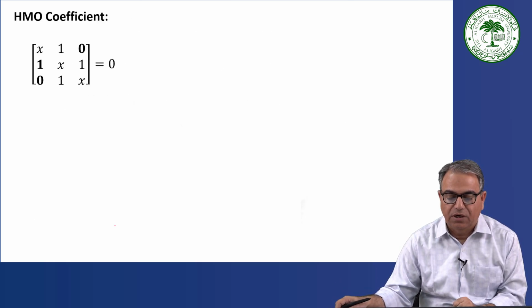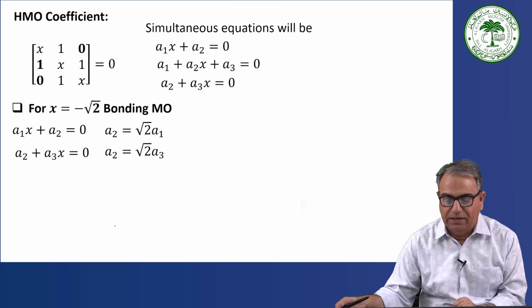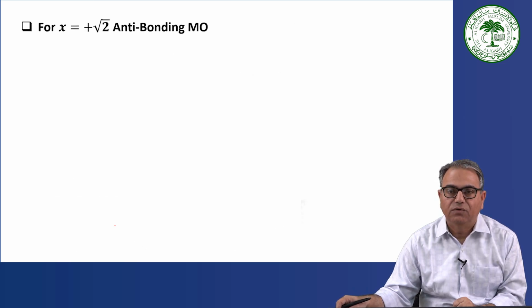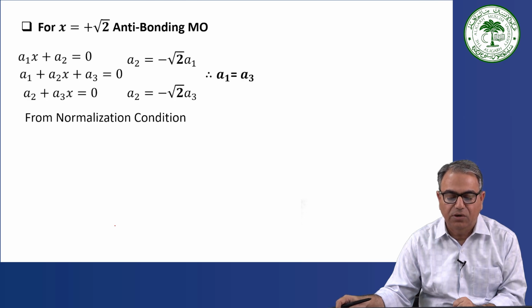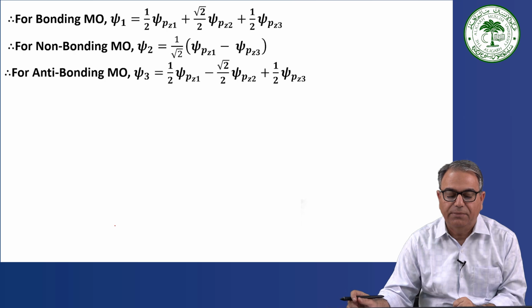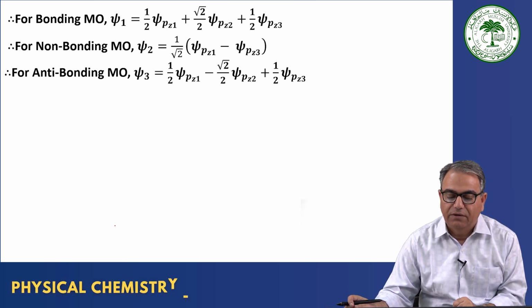In the case of the cation, you have 2 electrons which fill the bonding molecular orbital. If you have the anion, then you have 4 electrons, so 2 are in the bonding and 2 are in the non-bonding molecular orbital. And if you have the free radical, then you have 3 electrons, so 2 electrons are in the bonding and 1 electron in the non-bonding molecular orbital.